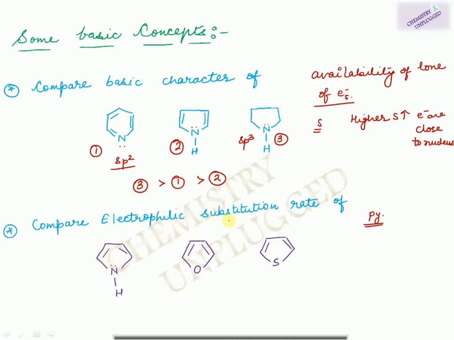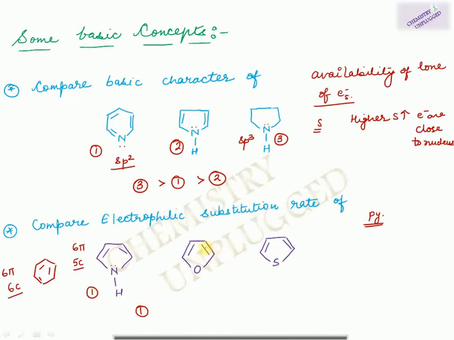And this rate is even better than benzene, because in case of benzene, 6 pi electrons are delocalized over 6 carbons, while in case of pyrrole, 6 pi electrons are delocalized over 5 atoms. So electron density is higher in case of pyrrole. So the highest rate will be of pyrrole.